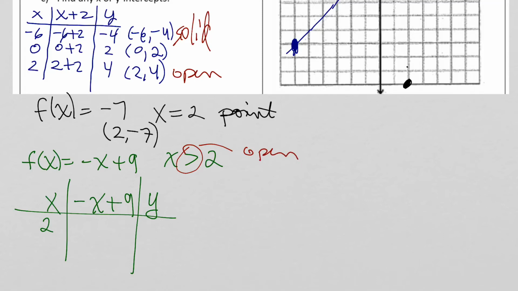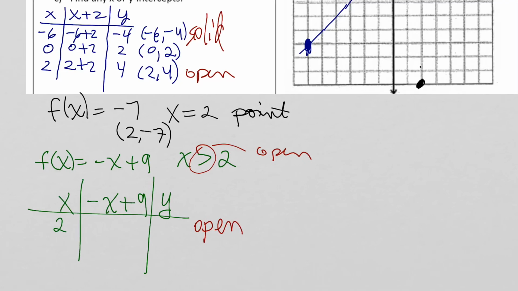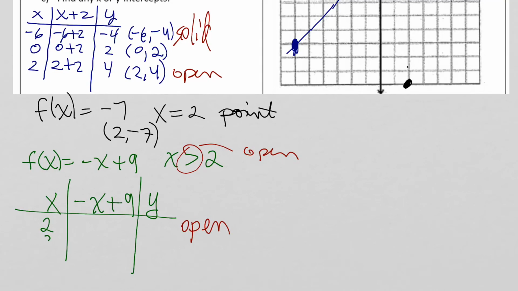Then I want all the numbers that are greater than 2, so let's choose 3 and 4. Let's input these numbers. -2 plus 9, we get 7, so this point is 2, 7. That's the open circle. -3 plus 9 is 6, so 3, 6. That's going to be solid because that line's going to go on forever in a direction. -4 plus 9 is 5.